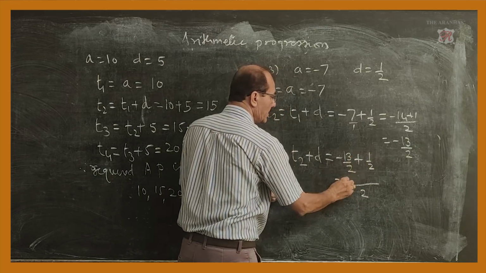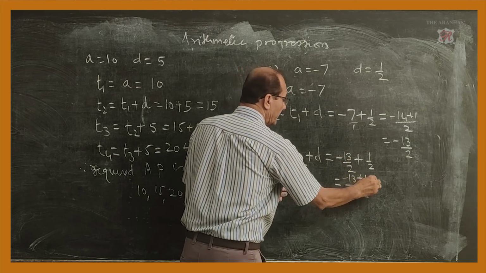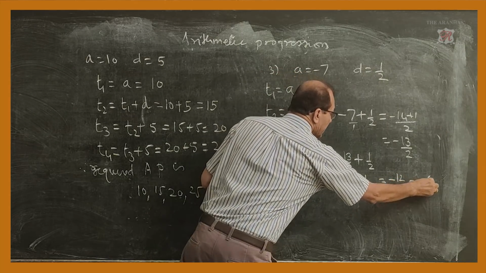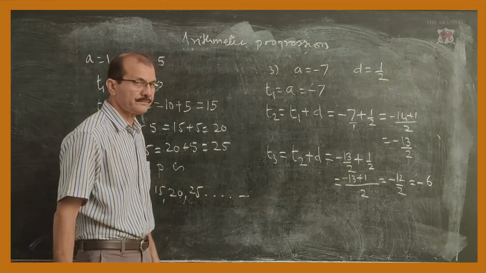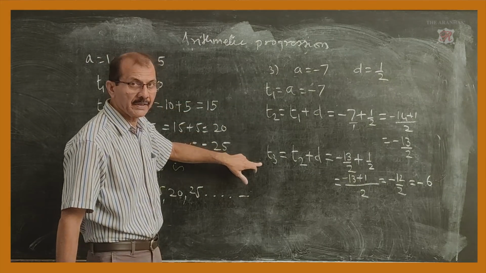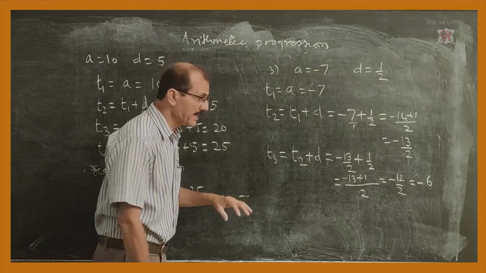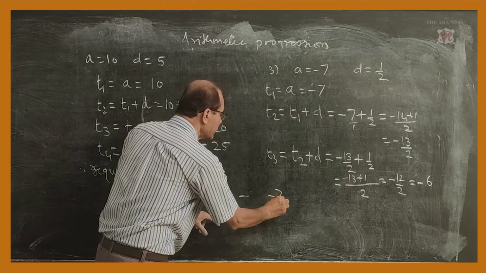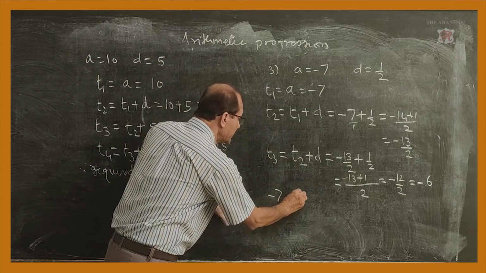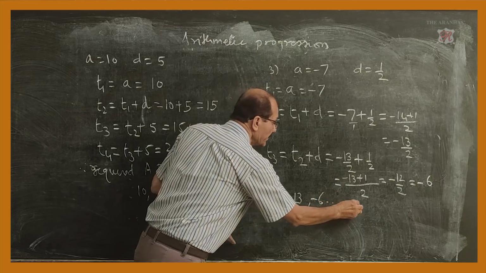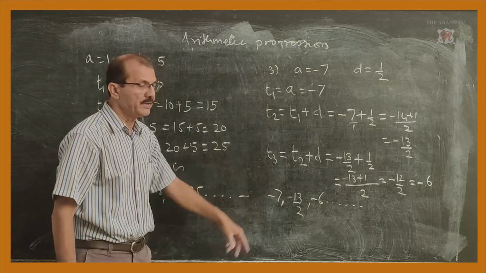Minus 13 plus 1, that is minus 12 upon 2, which is minus 6. Correct? So you got T1, T2, T3. So your required sequence is minus 7, minus 13 by 2, minus 6, and so on. So this completes your sum.